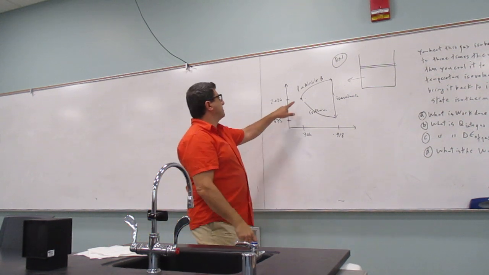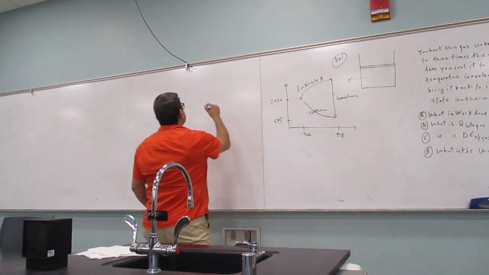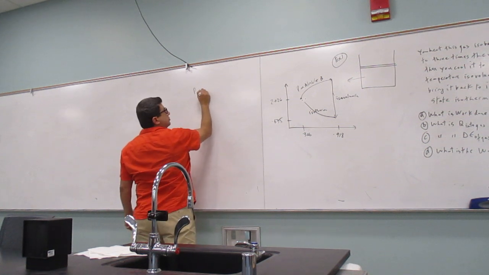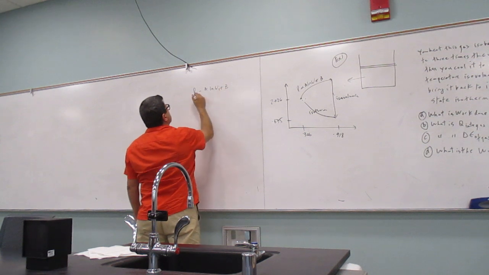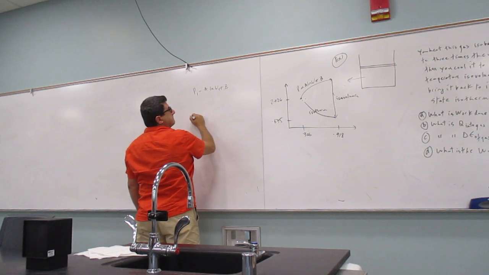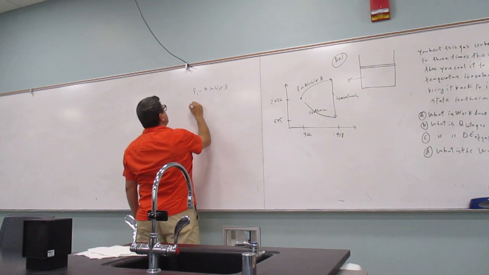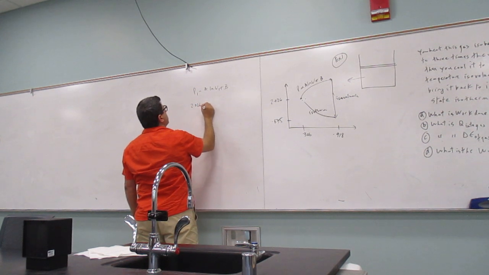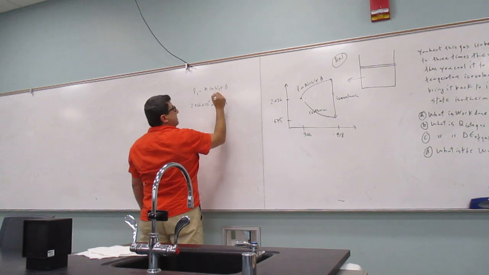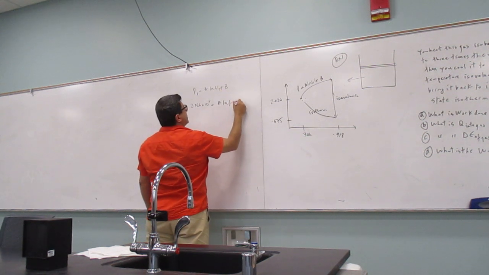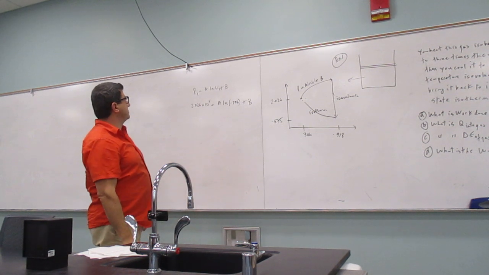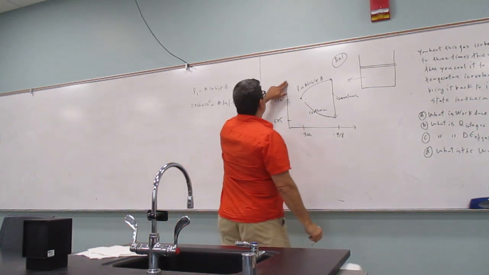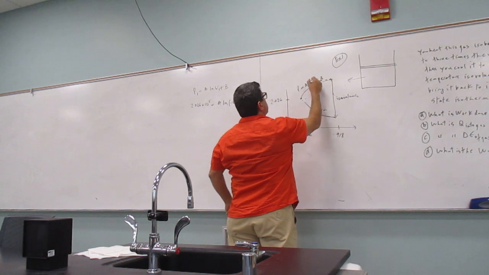Because I know P1 is equal to A ln V1 plus B. So P1 is going to be 2.026 times 10 to the 5th, V1 is going to be 0.306, so A ln 0.306 plus B.